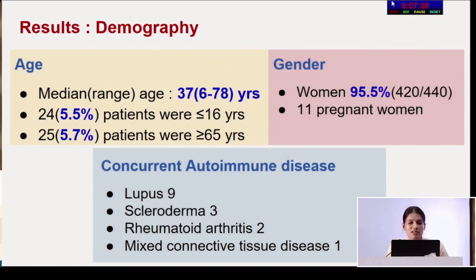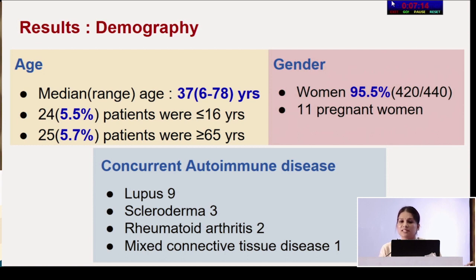Okay, coming to the results. First, the demography. The median age of these patients was 37. If you remember from Professor Hall's talk, the median age of onset of Sjogren's syndrome, they have said, is 50 to 60. In India, we have shown that the diagnosis precedes by a decade, so that is 40 years, but you can see this age is even lesser, ranging from 6 to 78.